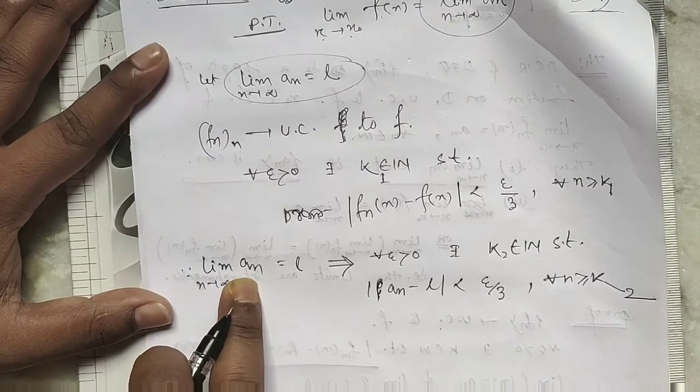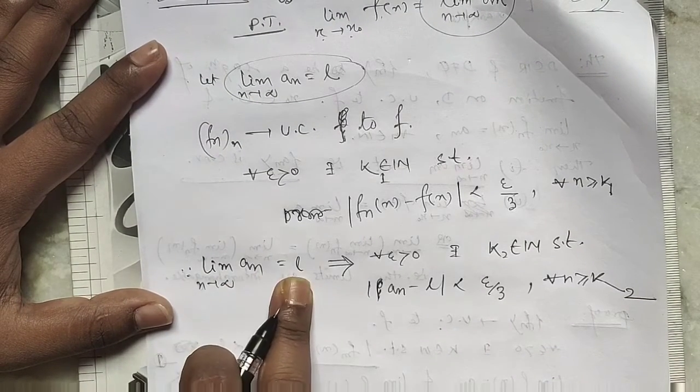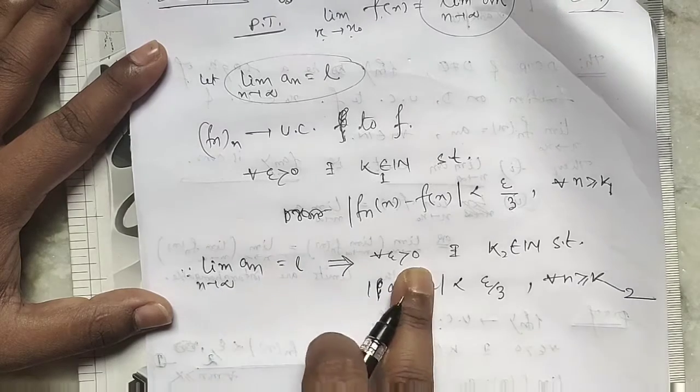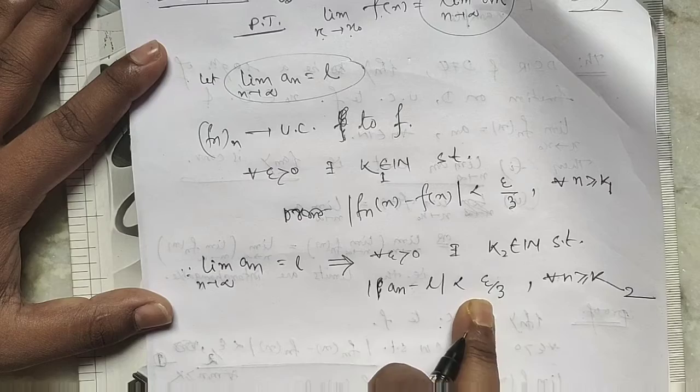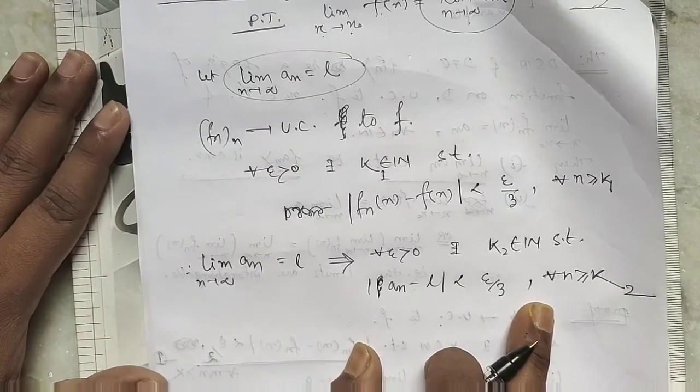This is a real sequence, and a real sequence converges to L. Then by definition, for each epsilon greater than 0 there exists k2 such that mod of an minus L is less than epsilon by 3 for all n greater than or equal to k2.